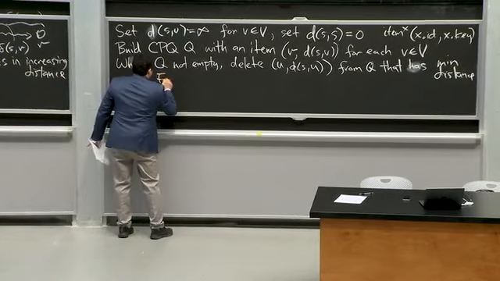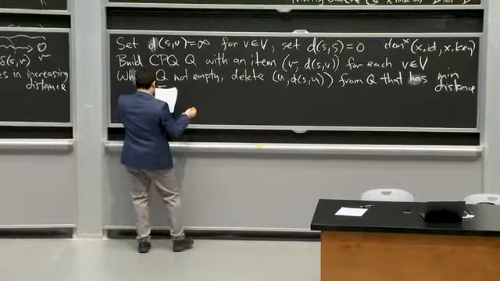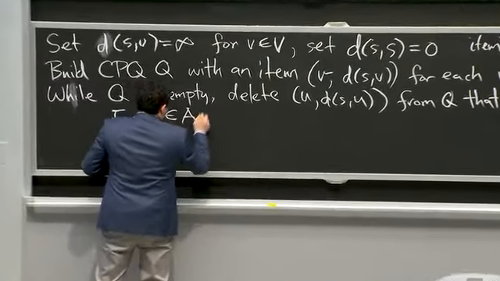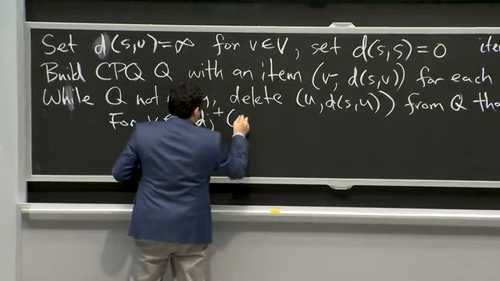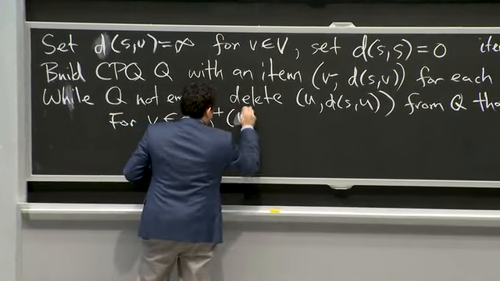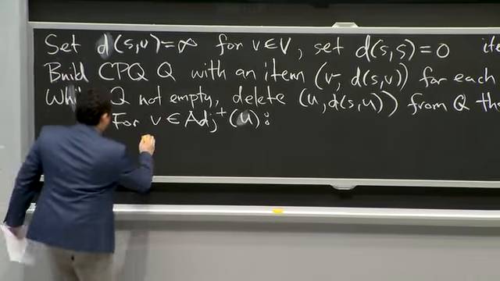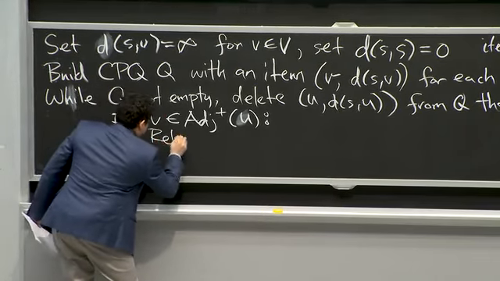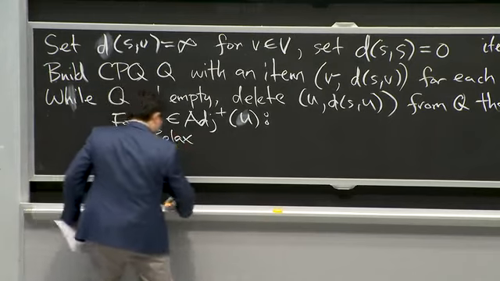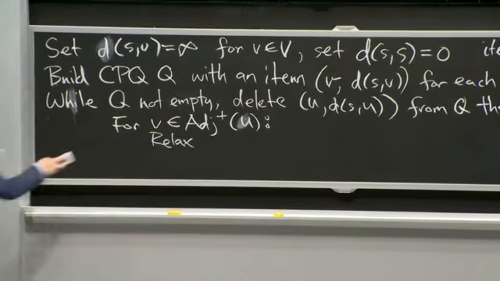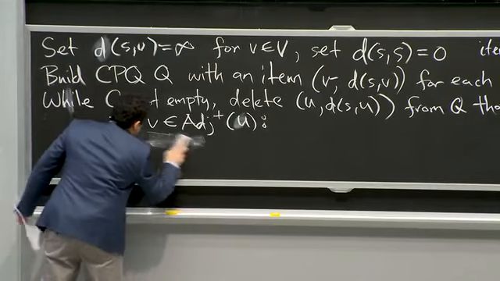So just for completeness, for V in the outgoing adjacencies of U, I'm going to relax, oh, sorry. We have to check whether we can relax it.